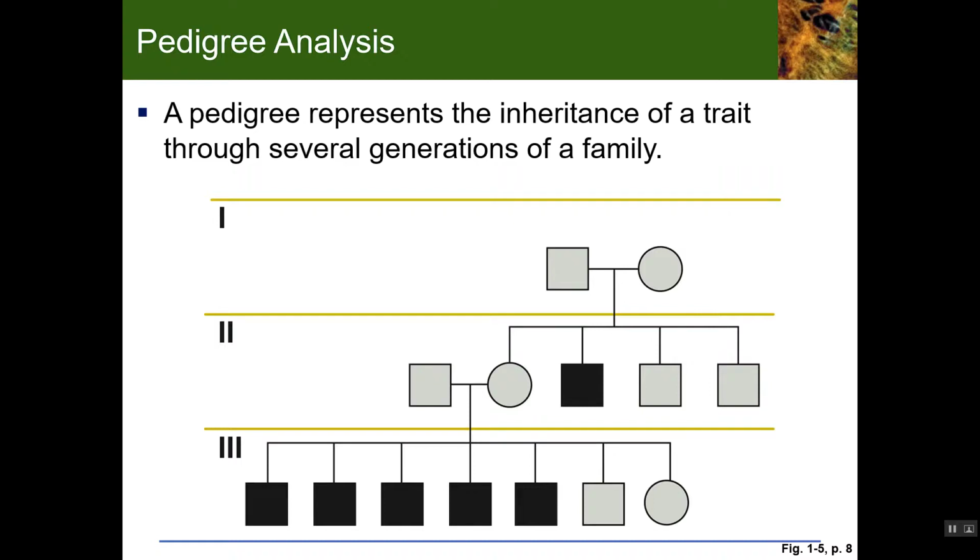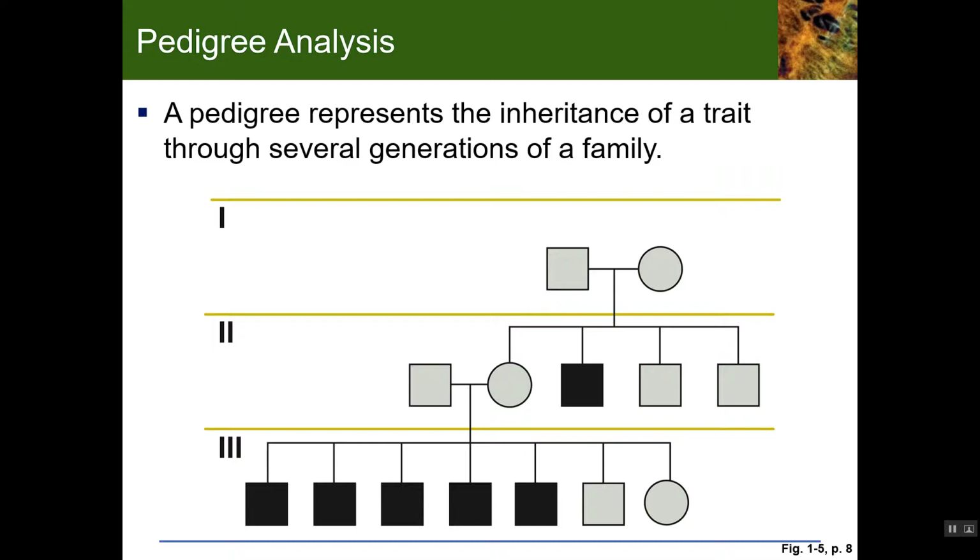So here you're seeing boxes representing males and circles representing females, and a horizontal line between the male and female, meaning that they mated.